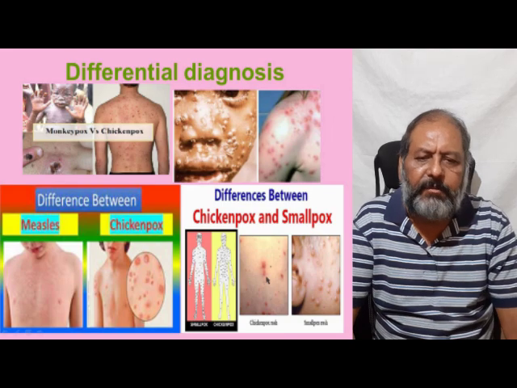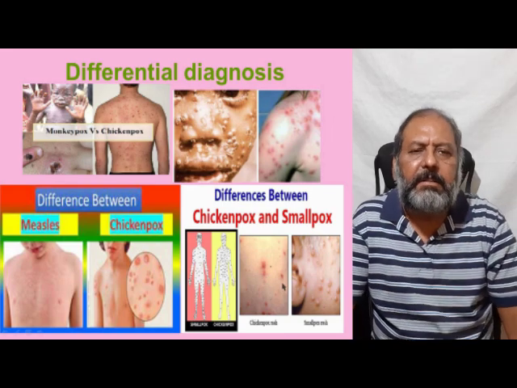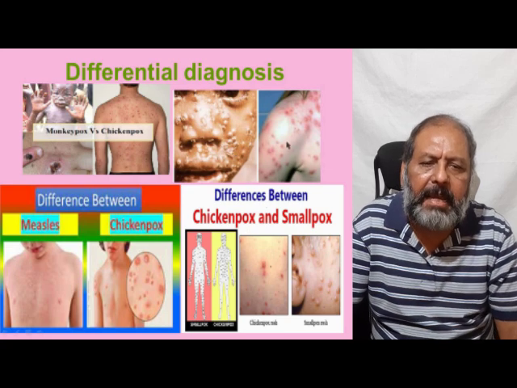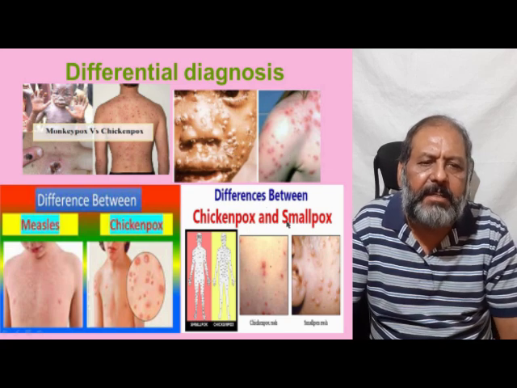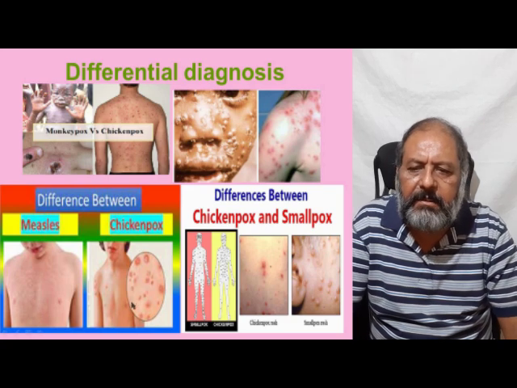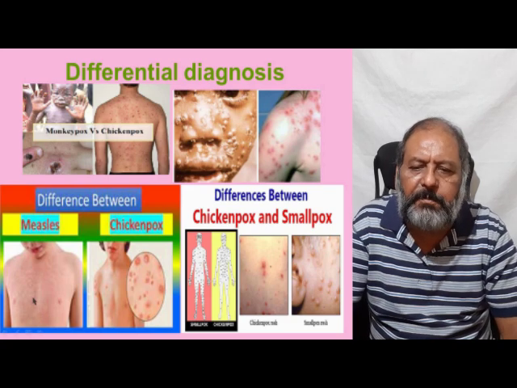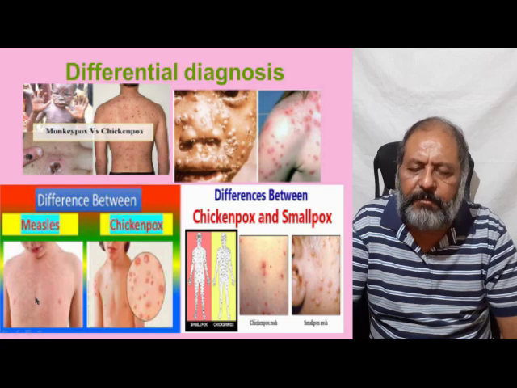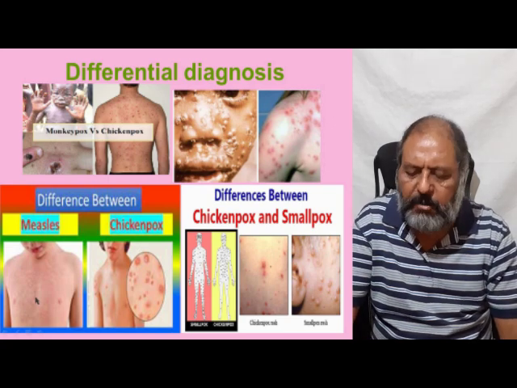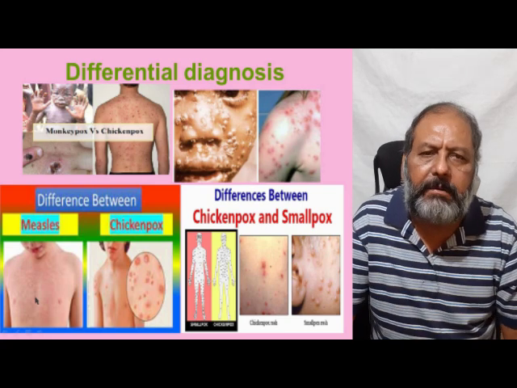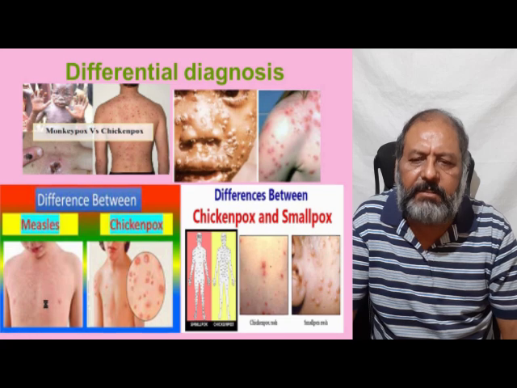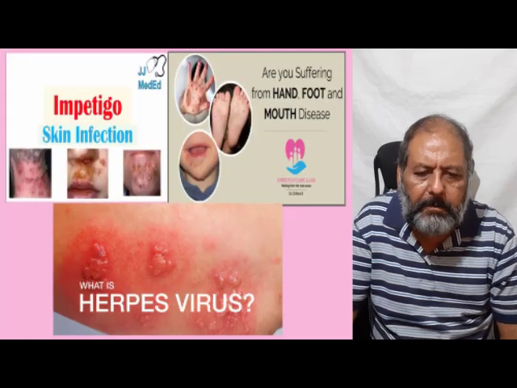One very important point is that the lesions of smallpox are all similar, as one can see here, but in case of chickenpox, these appear in three phases. Then the measles and the chickenpox have different distribution, and the measles lesions are very simple to remember: the pin head of the common pin size.